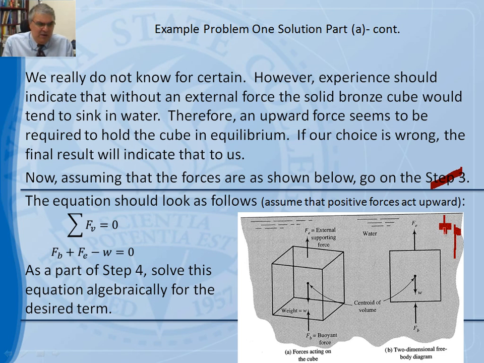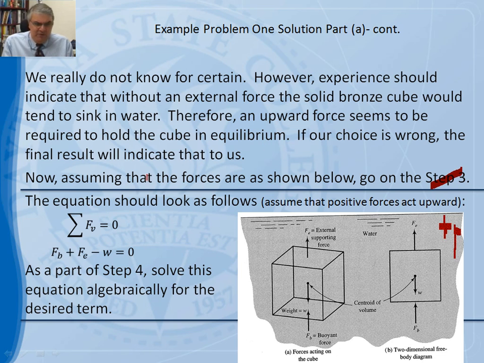Or we can forget about that and have an equation with two sides. On one side of the equation we're going to put all the forces with positive sign, and on the other side of the equation, we're going to put all the forces with the opposite sign, and then we would go through our calculations and solve the equations.